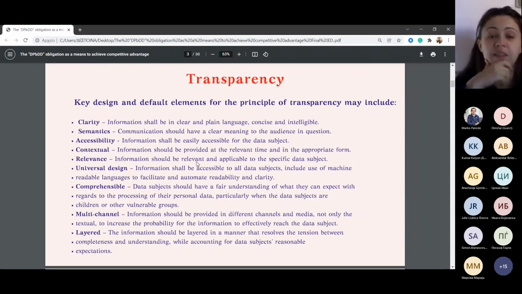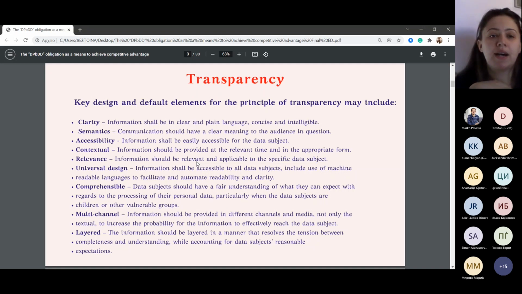Comprehensible, data subjects should have a fair understanding of what they can expect with regards to the processing of their personal data, particularly when the data subjects are children or other vulnerable groups.